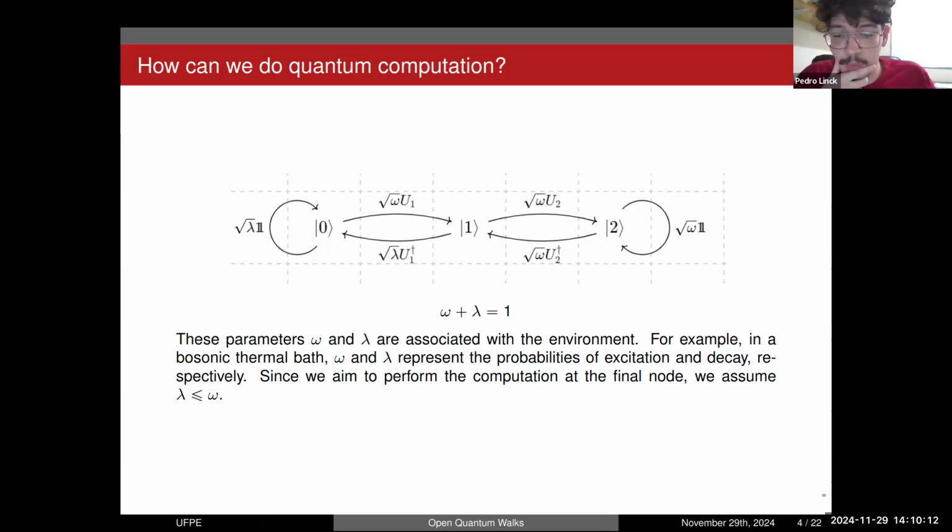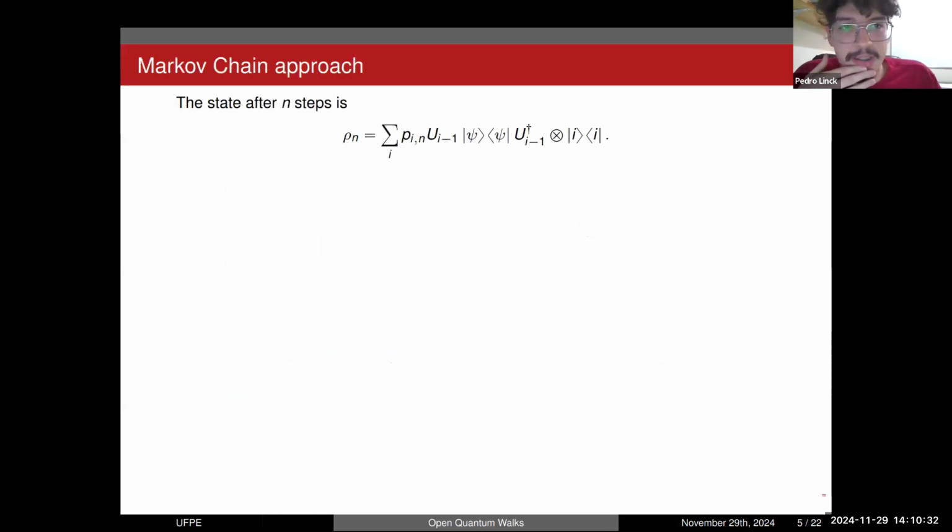So we assume here, for some mathematical purposes that are going to be very clear later, that omega is greater than lambda. So you go more to the right than you go to the left. Okay, let's talk a little about the mathematics of this model. As I said, the state after any steps is this state.